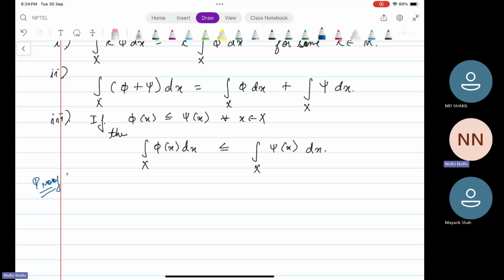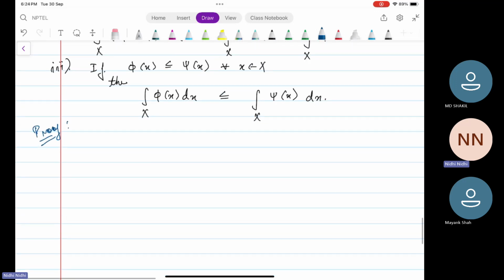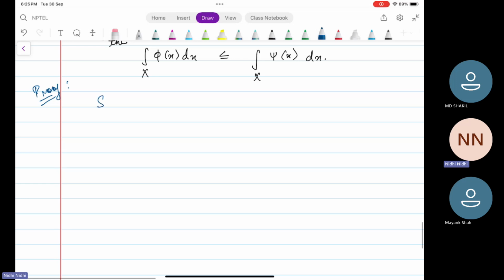Now, since phi and psi are two step functions, let's write their explicit form.